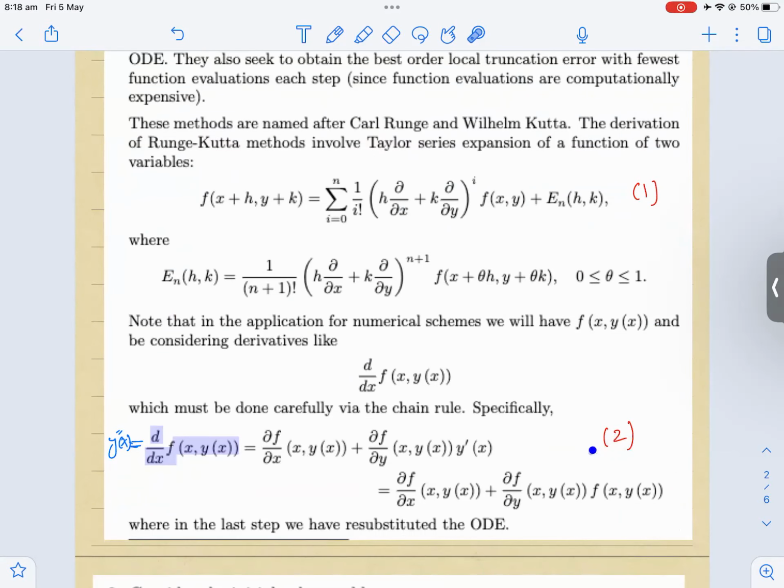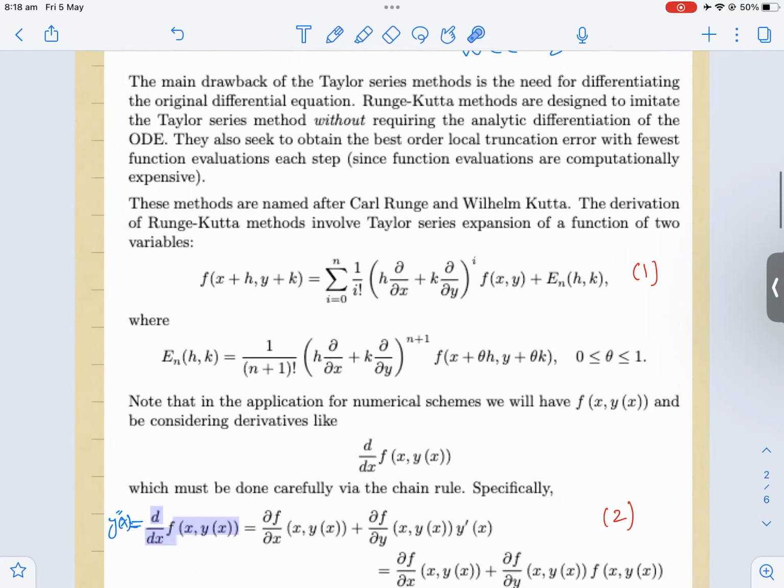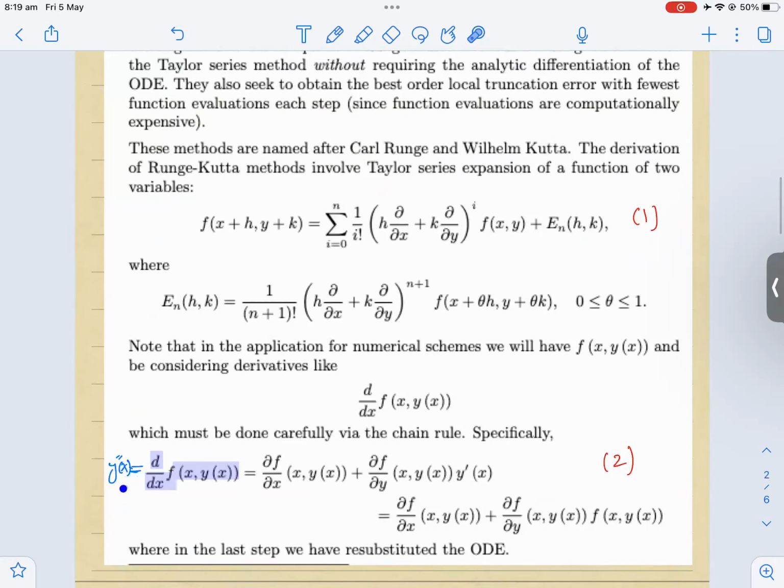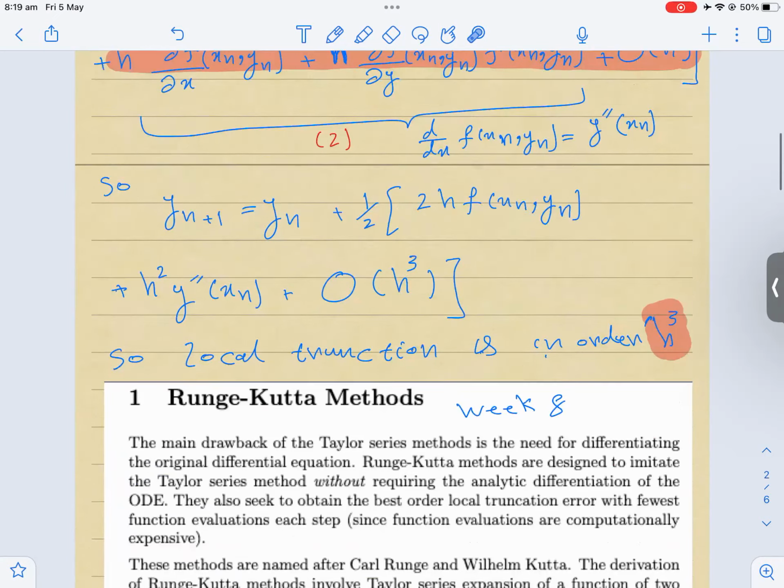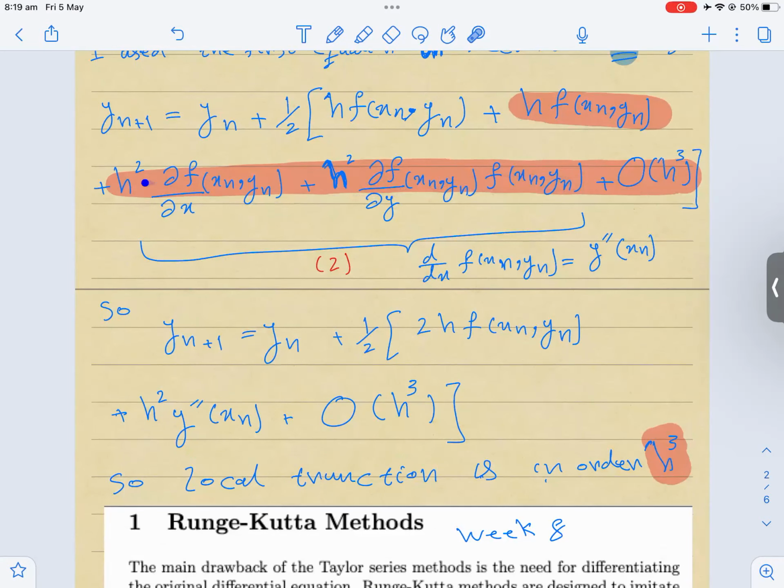You can have a look again at lecture 8, week 8. You see that y double prime is d over dx of this term, because this term is y prime itself. So if I take a derivative, it will be y double prime. So you see this term is the same as this one here.